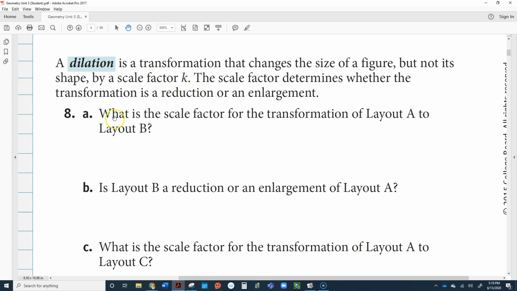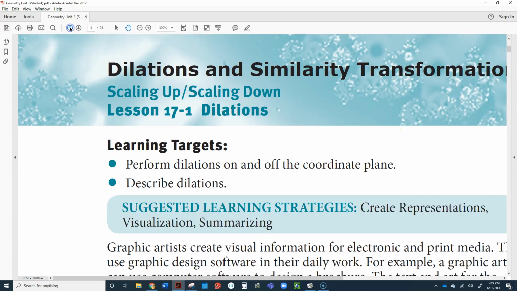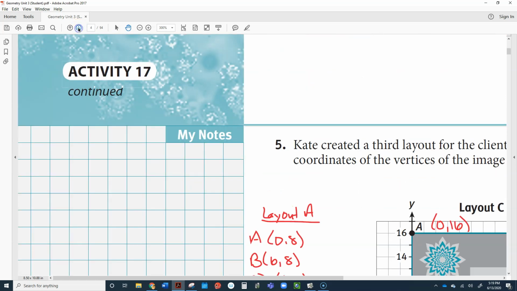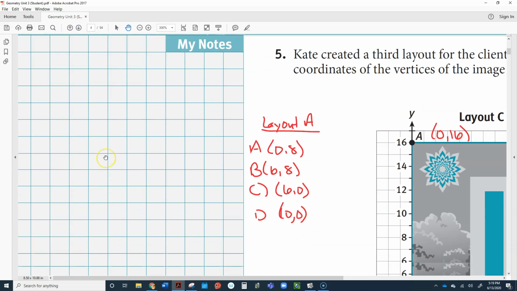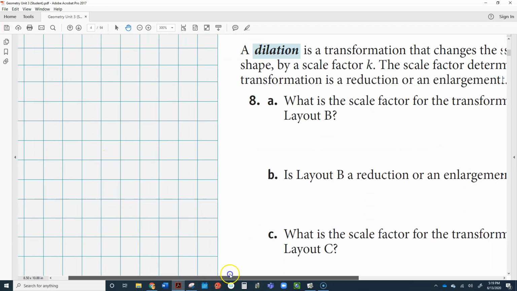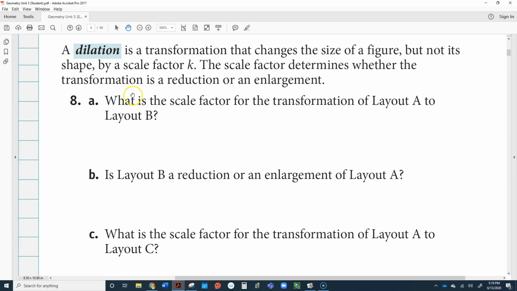Now, did you notice that when we went from layout A to layout B, what did the size do? The size changed, but layout B is smaller than layout A. So that means that we would answer this question down here. What is the scale factor for the transformation?